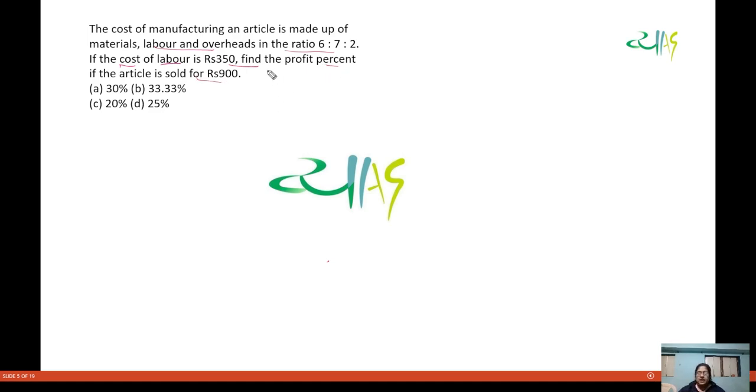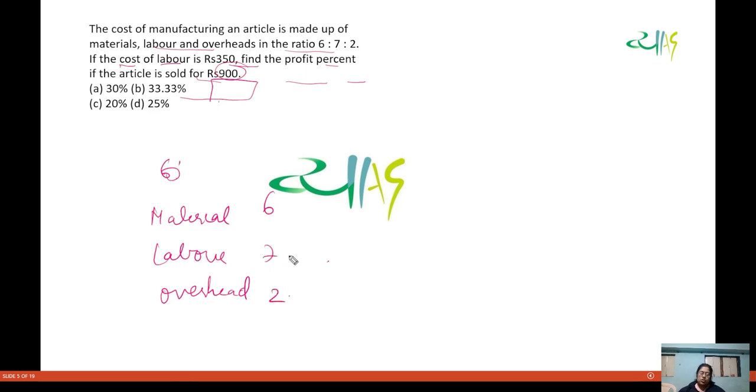If the cost of the labor is rupees 350, find the profit percentage if the article is sold for rupees 900.